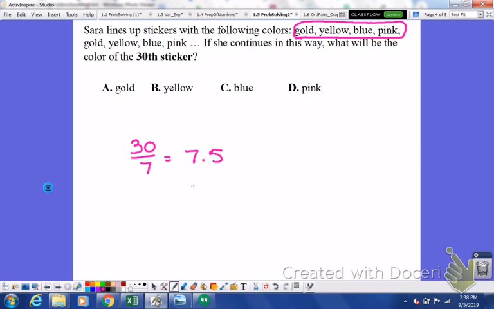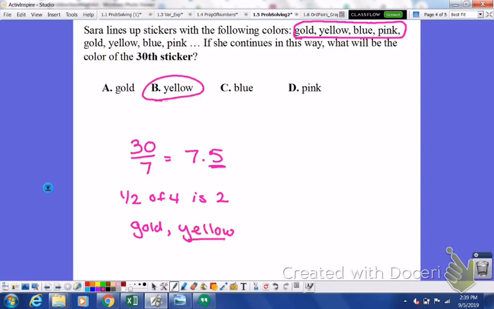So that means I'm going to go through that 4 color pattern 7 full times and then another half. Well, a half of 4 would be 2. So on that last half, I'm going to go through 2 colors, so gold, then yellow, we end on yellow. So our answer here would be B.